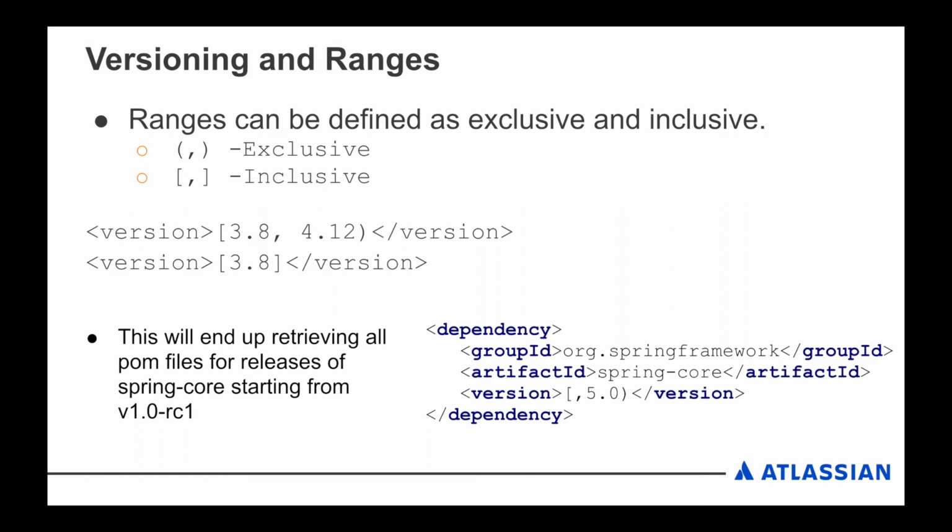While using ranges on versions, you should be careful not to specify broad ranges, like the version for the Spring Core, which is 5.5 at most, which means that when you build the project with this dependency, Maven will try to fetch the whole versions starting from 1.0-RC1 to 5.0.